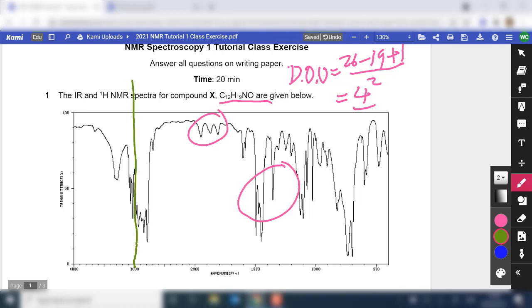We notice a peak here. This particular peak may be due to an OH stretch, or it may be due to an NH stretch. But if you look at the region, that's probably found at around 3000 to 3003.